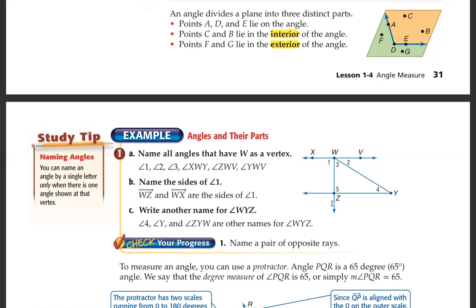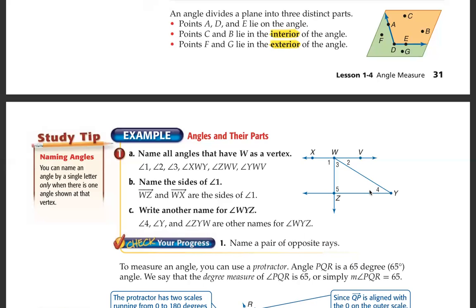Okay, next, write another name for angle WYZ. Angle WYZ: you start walking from W to Y to Z. This is your whole way, W to Y. You turn at Y because you're going to Z over here. So you're referring to this angle here. What is this angle?